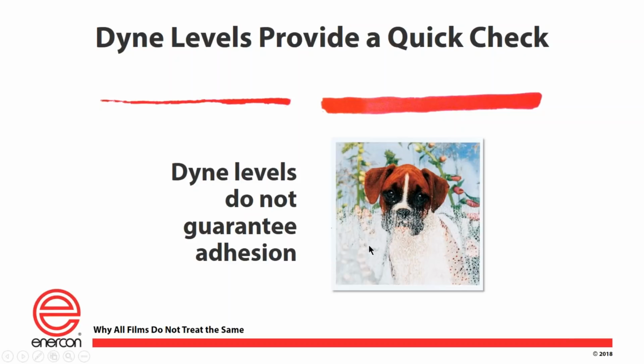It's a great way to visually see what happens when you corona treat. But remember, the dyne level you have does not really guarantee adhesion. It's important that you use an adhesion test of whatever style that's appropriate for your application, and use that as a standalone value as you go through your test methods.